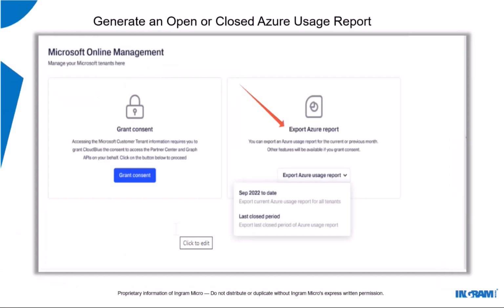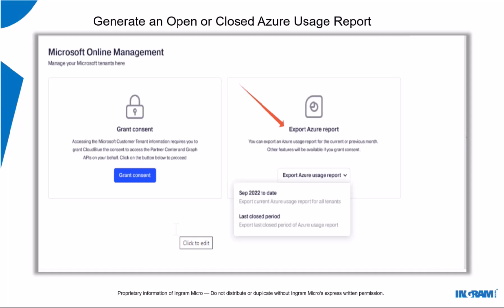There are 2 options available within the AUR tool for either an open or a closed billing report to be generated and then exported. Both reports will be generated and downloaded to an Excel CSV file. The information that's housed within these reports provides the usage information for all resources that are in your customer's Azure portal, and all of your customers are within one report.